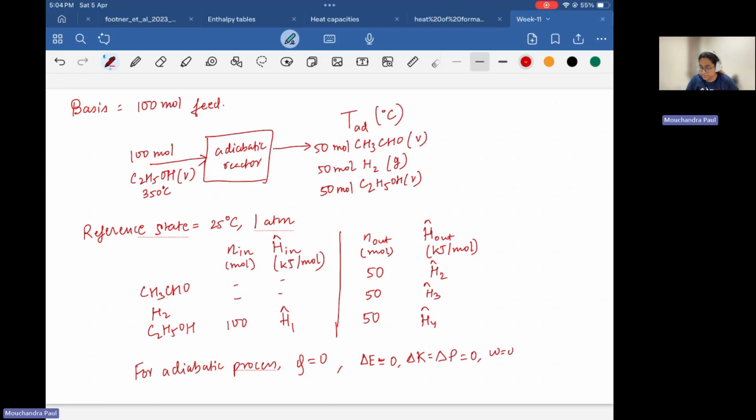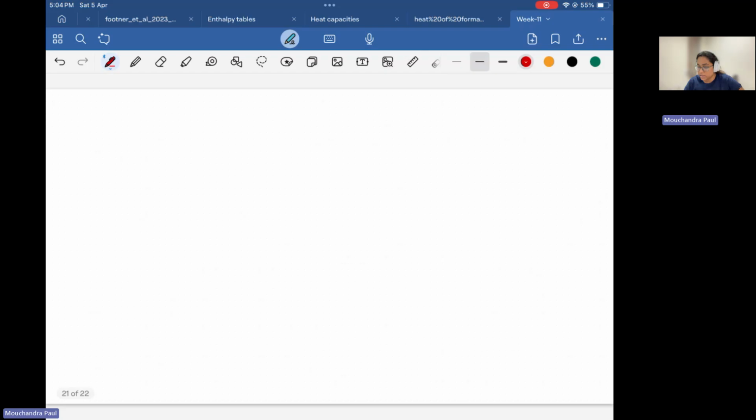Work is also 0. Then Q is equal to delta H. So this implies the change in enthalpy, that is Q, for this overall process is 0. All right.